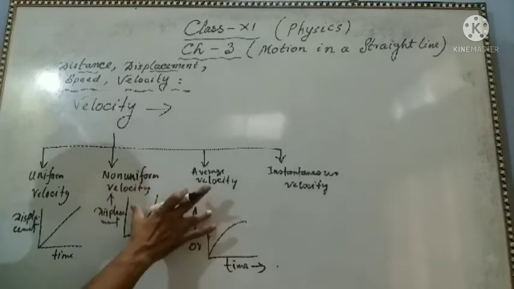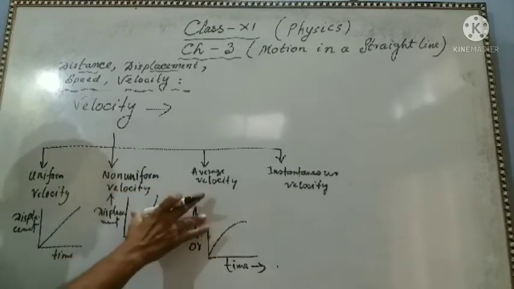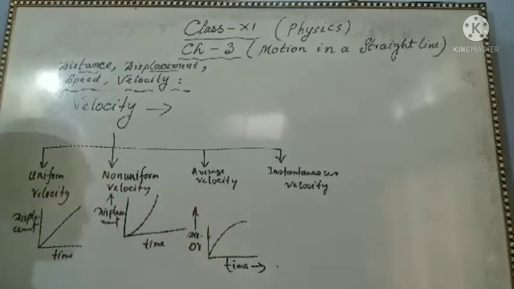So these two are for non-uniform velocity and this is for uniform velocity.